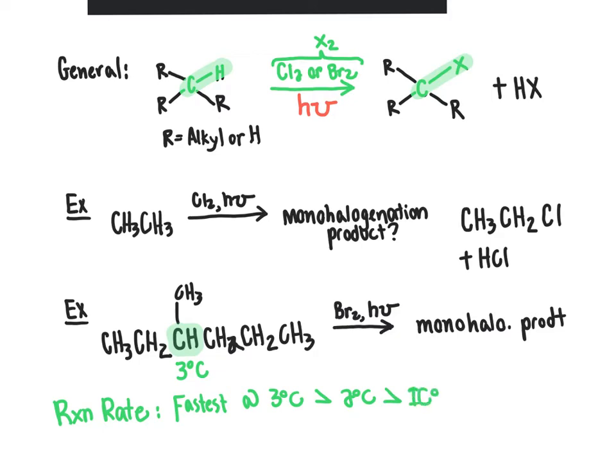So in predicting the monohalogenation product based on the reaction rates that can occur at each of these carbon atoms, we can predict that the major product of this is going to correspond to replacing that carbon-hydrogen bond at the tertiary carbon with a carbon-halogen bond. So let's go ahead and do that to write out our final product here.